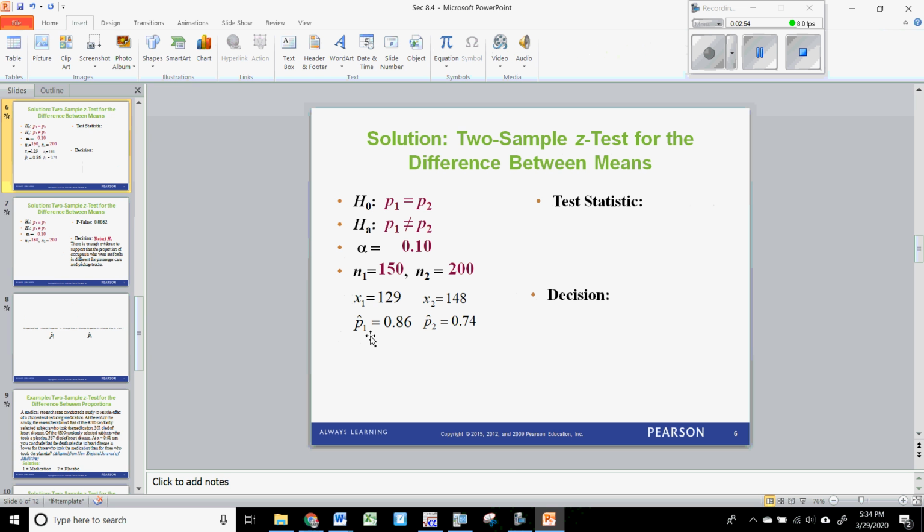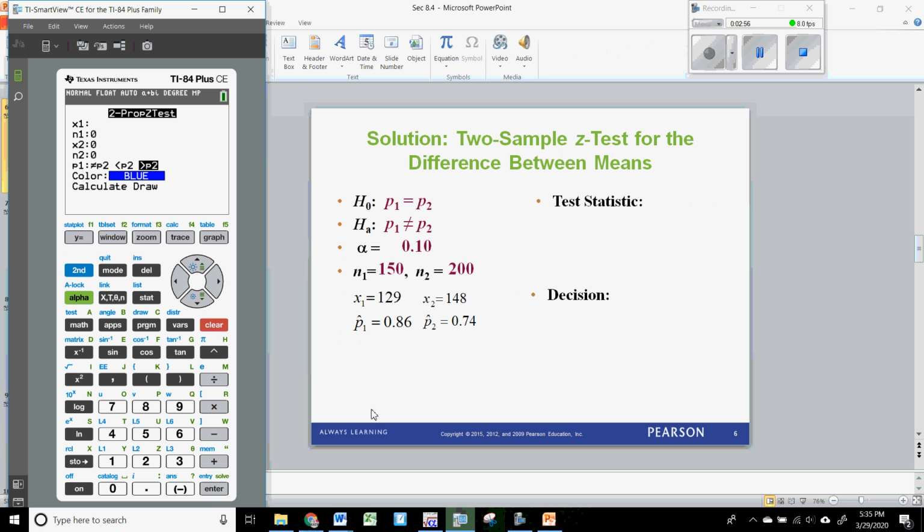So depending on what you have will depend on how you do this kind of problem. So they gave us 150 in the problem, but they said the number was 86%. So if you have that, you have to figure out the 129. If they give us 200 and they said 74% wear the seatbelt, we need to figure out the 148.